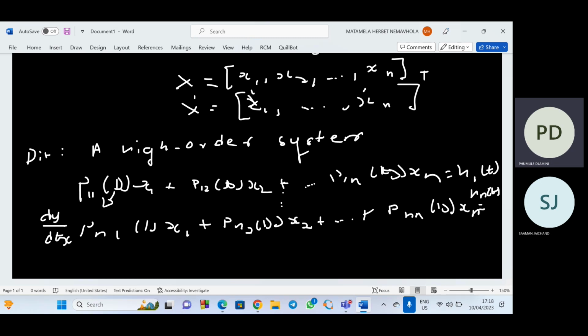Where all the Pij, with i and j from 1 up to n, are polynomial differential operators.